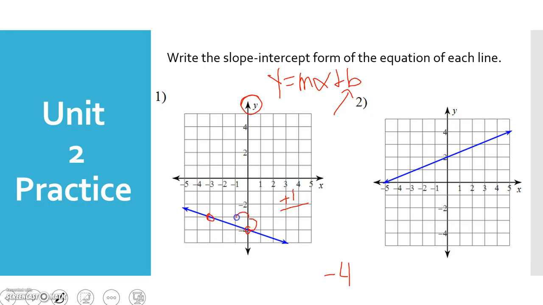And then I'm going to go over 1, 2, 3, and I'm going backwards, so my change in x values are going to be a -3. So 1 over -3, well, that cannot be reduced, so my slope is just -1/3. So my -1/3 goes in front of the x value, and then y equals goes in front of that.